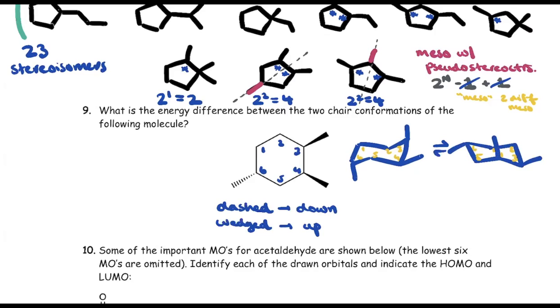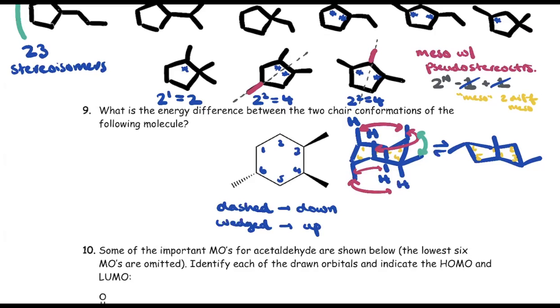So you have 2 1,3 diaxial interactions up here. You're going to have another 2 1,3 diaxial interactions here. And in addition to that, you're also going to have a gauche interaction here, right? Because they're both adjacent to each other and they're both pointing up.